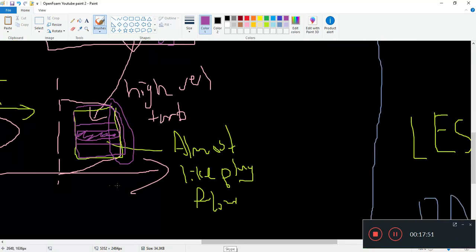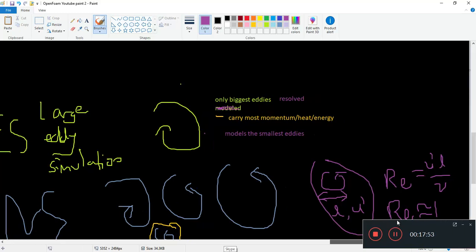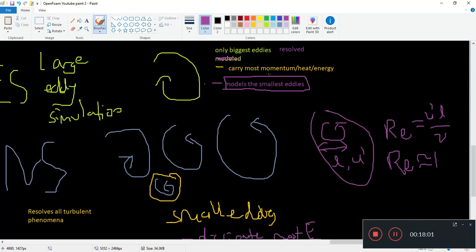So that's what turbulent viscosity is about, and LES will use this turbulent viscosity modeling on the smallest eddies, the ones which don't carry so much momentum, heat or energy, and they dissipate rather quickly.